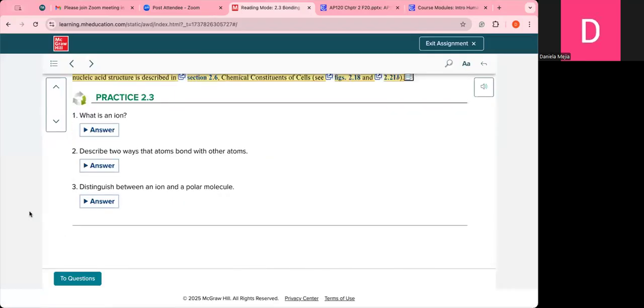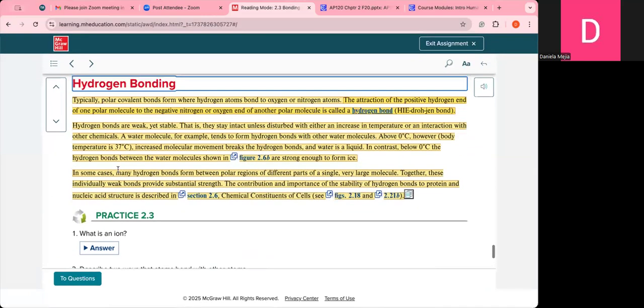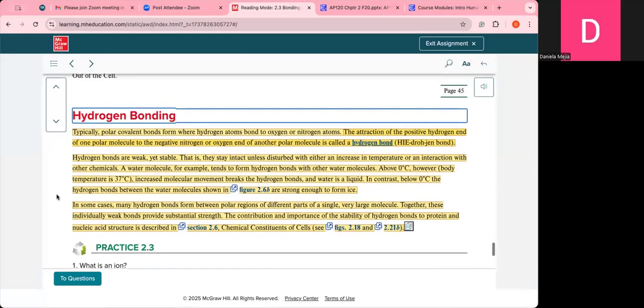Okay, so remember we talked about weak hydrogen bonds. Typically polar covalent bonds form where hydrogen atoms bond to oxygen or nitrogen atoms.